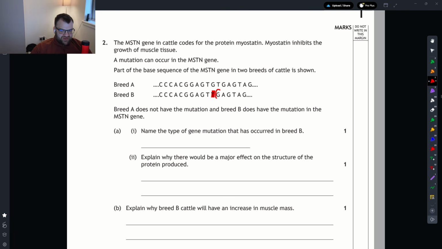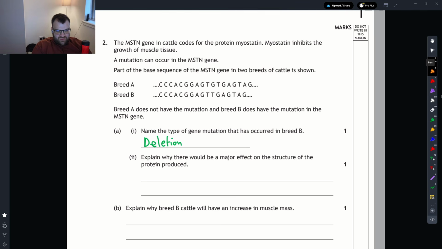But that doesn't explain why the next one doesn't match and the next one. What it does tell me is one of the frame shift ones. We've either inserted or deleted. Well, you can see that the strand has got smaller. So that feels like we have just got rid of this one. And then they will now match up again. So we have deleted a base, a nucleotide. That is the correct answer there.